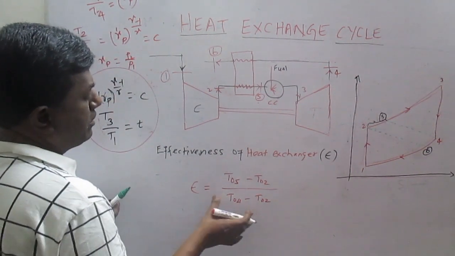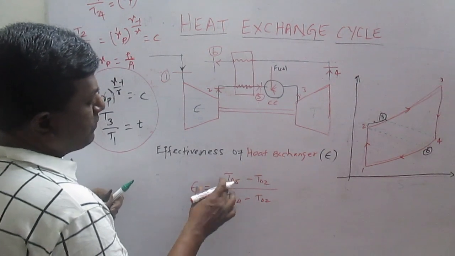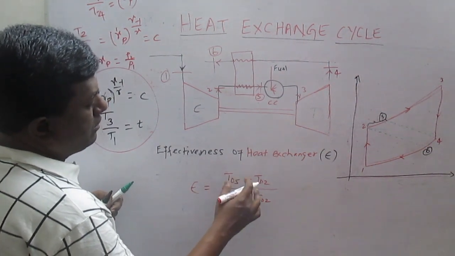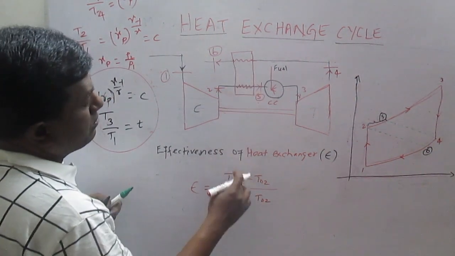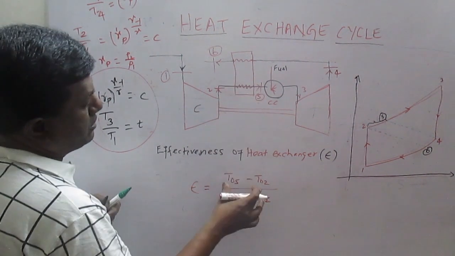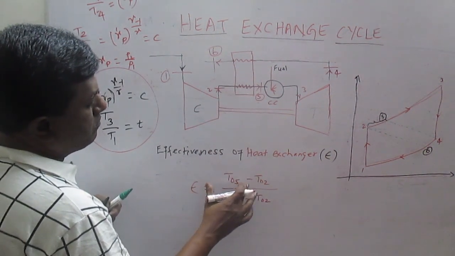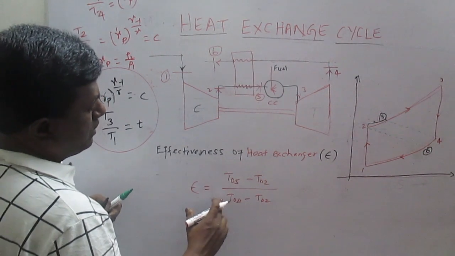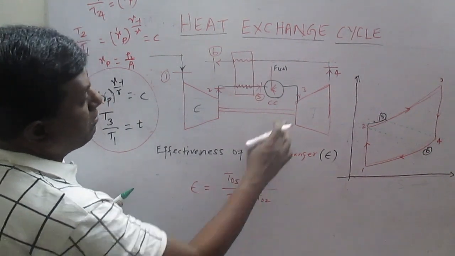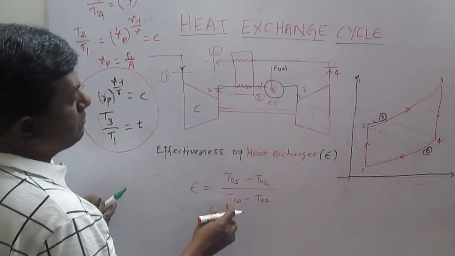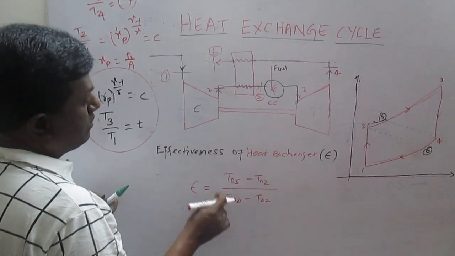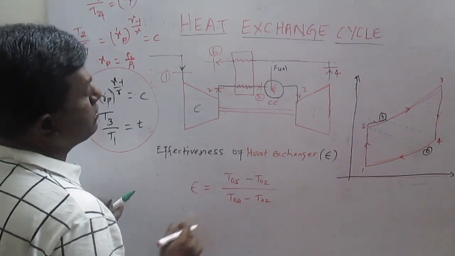So this is the effectiveness. It means the actual temperature difference achieved in the presence of the heat exchanger, T05 minus T02, to the maximum temperature difference available, that is T04 minus T02.